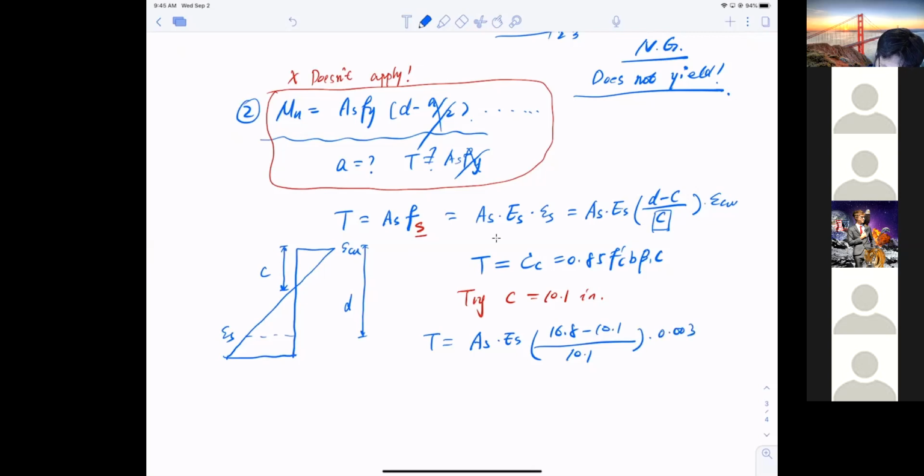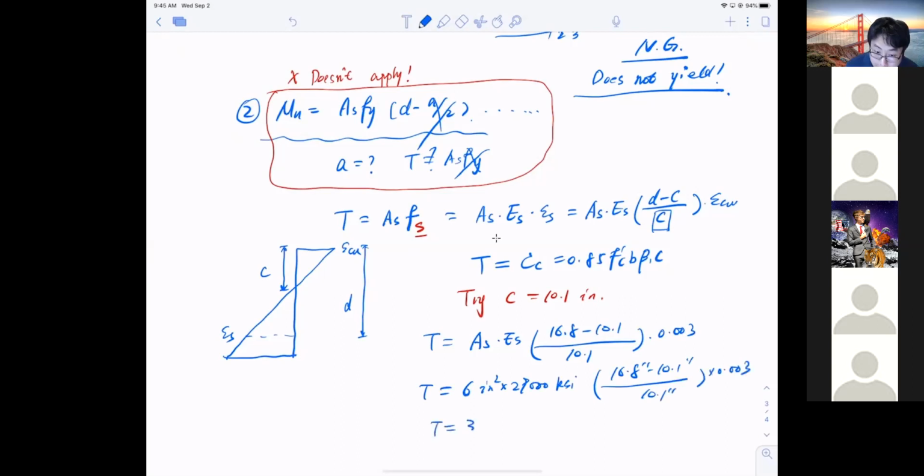T equals 6 inch squared multiplied by 29,000 ksi, and this whole thing, 16.8 inch minus 10.1 inch divided by 10.1 inch multiplied by 0.003. And I got this number equal to 346 kips.